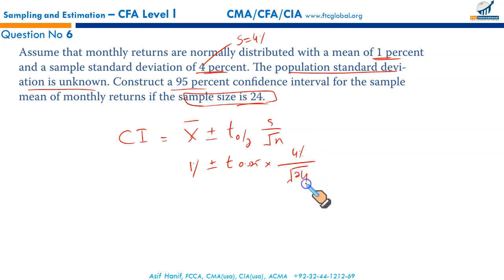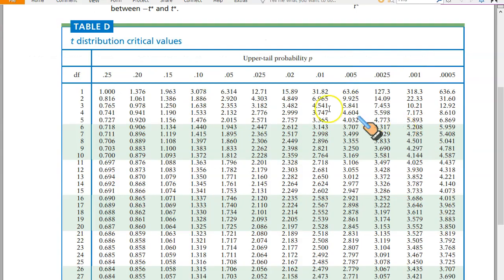Now, if n is 24, then the degree of freedom would be n minus 1, that is 24 minus 1, 23. So what you're going to do, go to the t table, upper tail 0.025 at 23, 2.069.